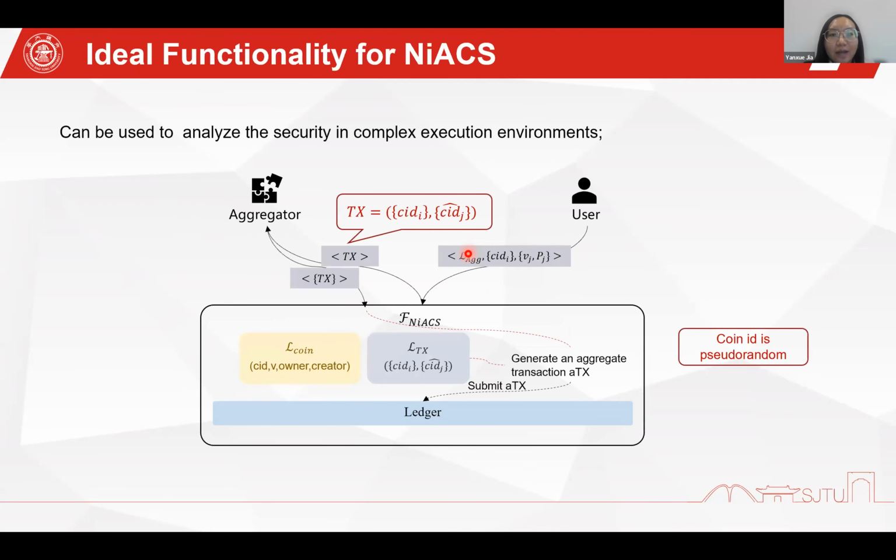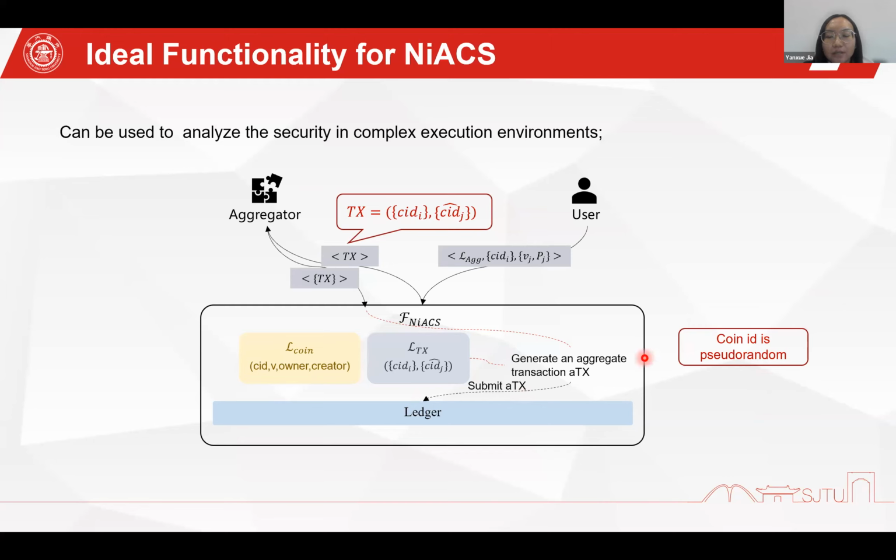Moreover, we define an ideal functionality for NIACS to capture its security. Unlike the original ledger, in our NIACS functionality, this functionality submits the aggregate transaction to the ledger, not the individual transaction. Our ideal functionality can capture the security properties proposed before, and can additionally capture the unlinkability because we define the coin ID.